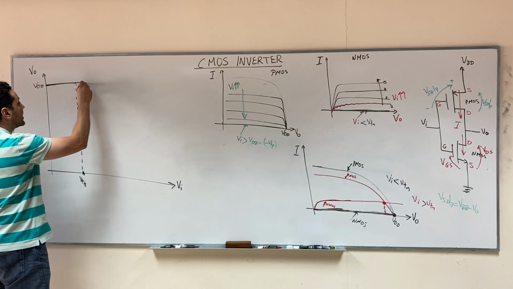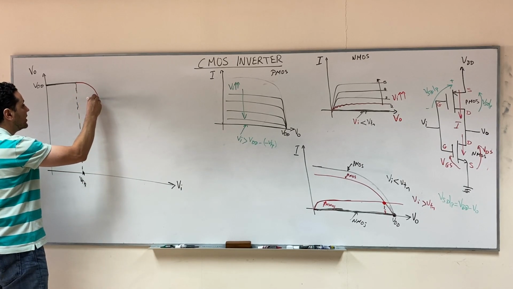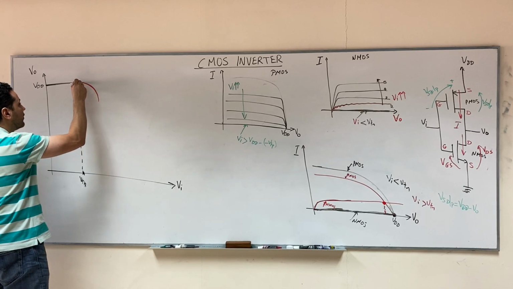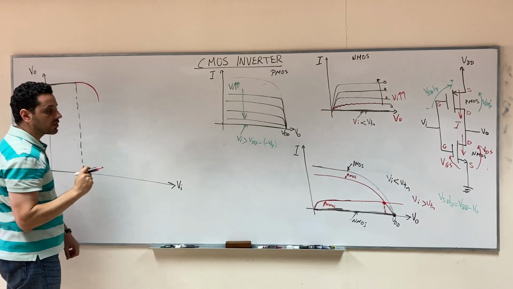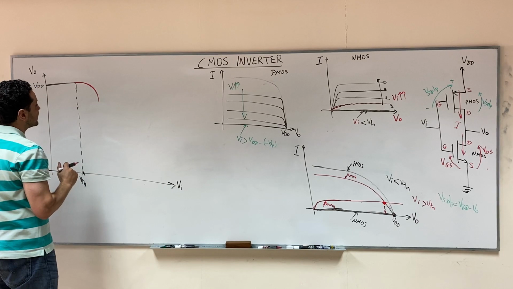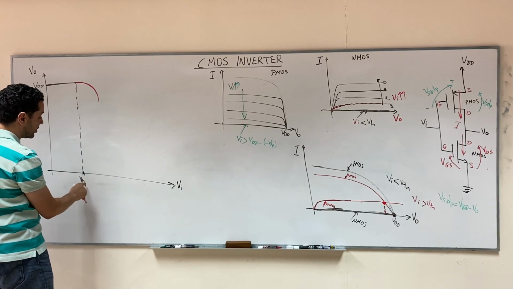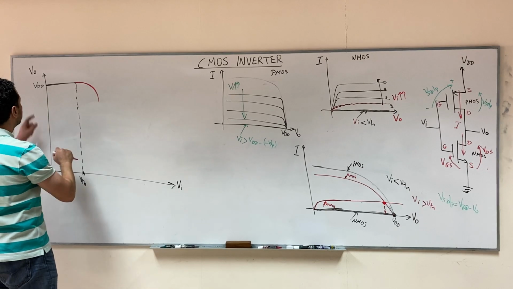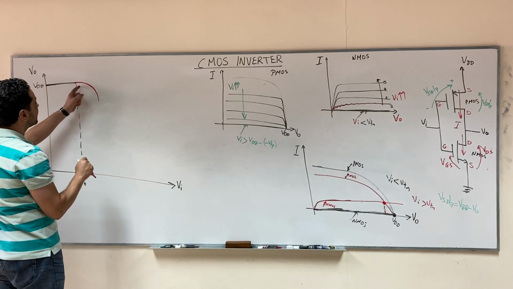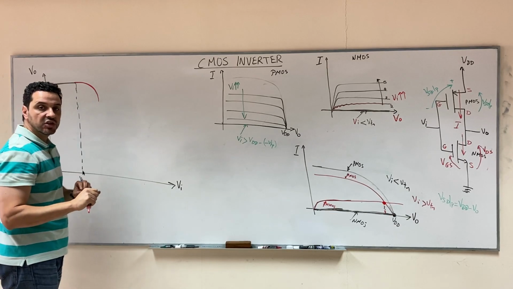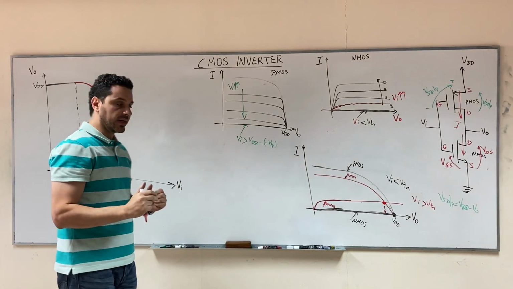So if we study the equations, you will find that you can get a quarter of a circle. The equation will be a quarter of a circle like this. As you increase V input above V threshold, V output will start to decrease, and it will take this quadratic shape of a quarter of a circle.